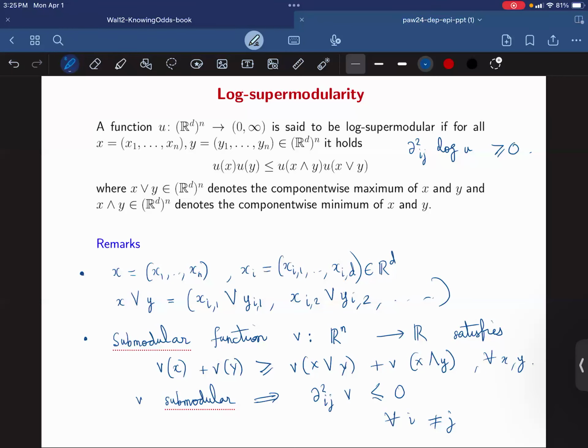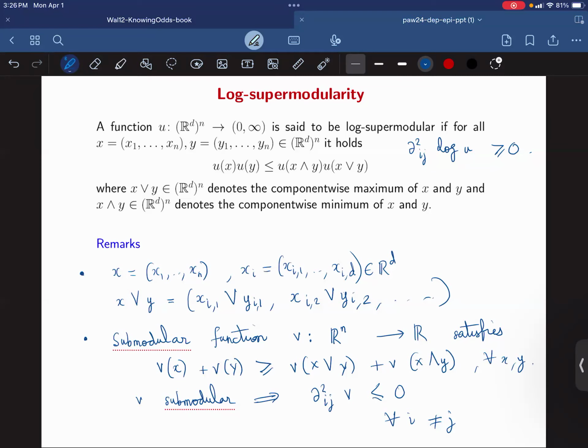This is similar to the local characterization of convexity, except that for convexity, your local characterization involves the Hessian of the function, whereas here you're looking at the off-diagonal elements of the Hessian, and that's what matters. It's not the positive definiteness of the Hessian matrix, but the positivity or negativity of the Hessian matrix entries, the off-diagonal entries. Okay.